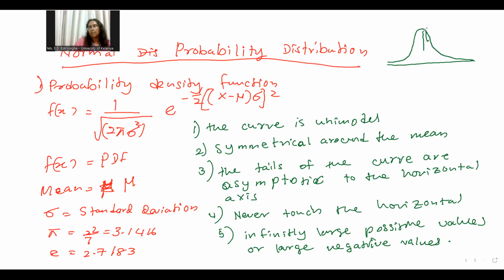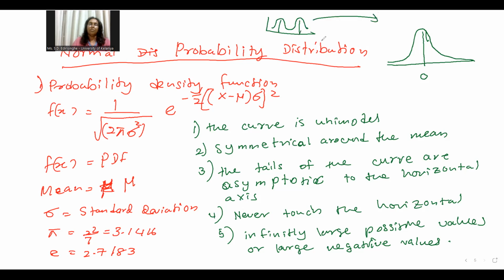Mean, median, mode all are here. So no bimodal one comes here. There are not two peaks in this.